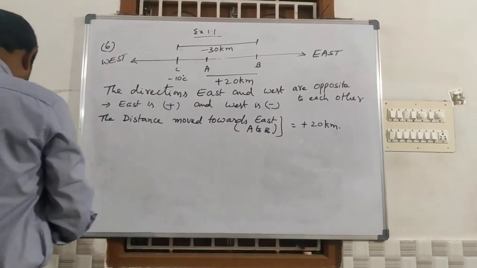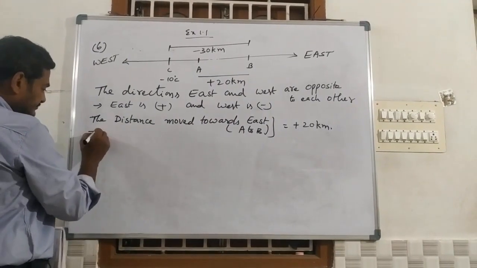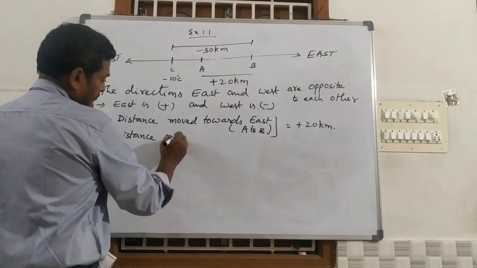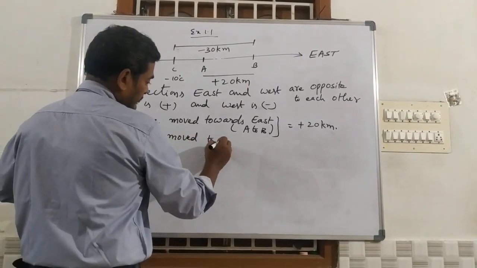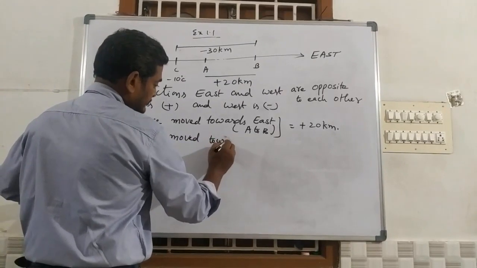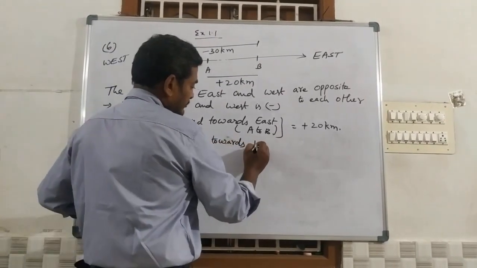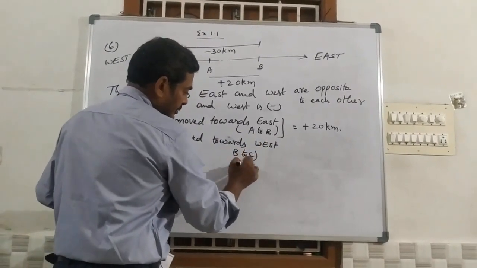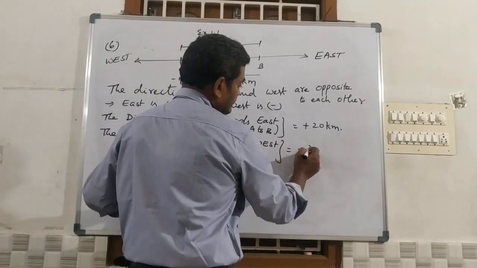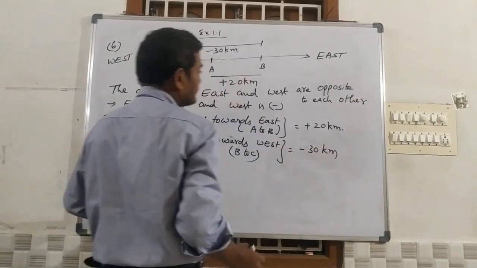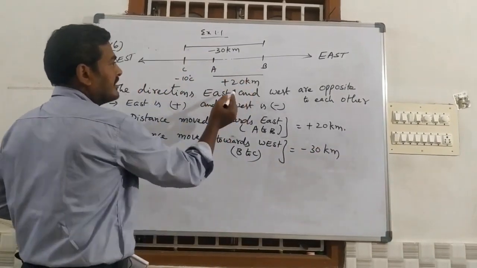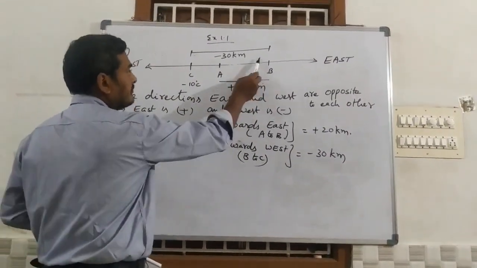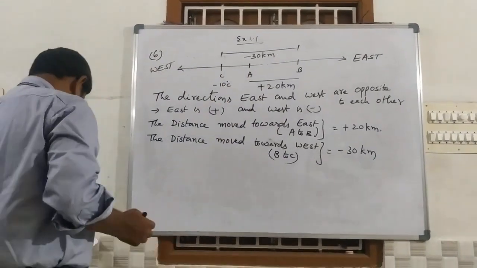Then the distance moved towards west. That means B to C is minus 30 kilometers. Look here. A to B is 20. From B to C, it is west. East means plus, west means minus.